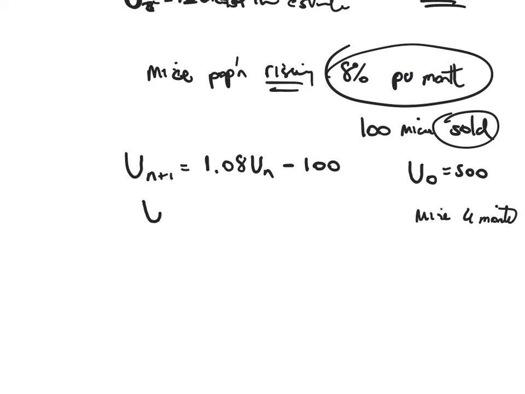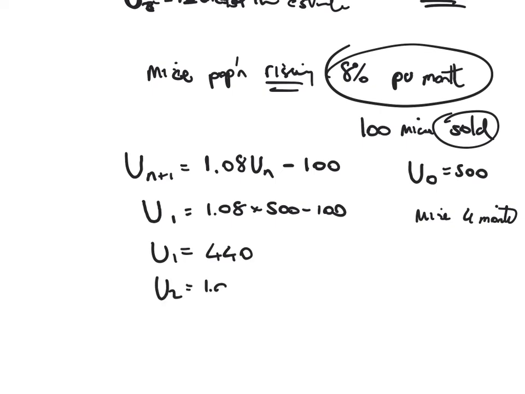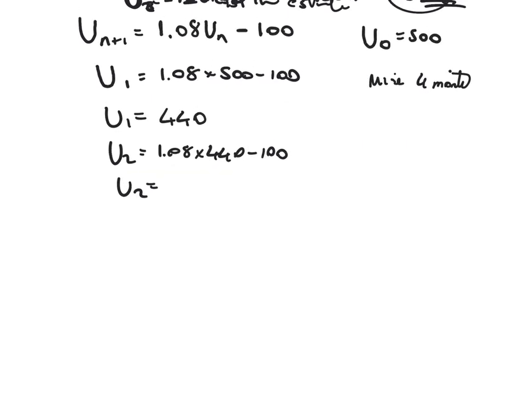Okay, so let's see, after 1 month, so U1 equals 1.08 lots of U0, which is 500, minus 100, and that will give me 440. U2 after 2 months, 1.08 lots of 440, minus 100, and that will give me a result of 375.2.